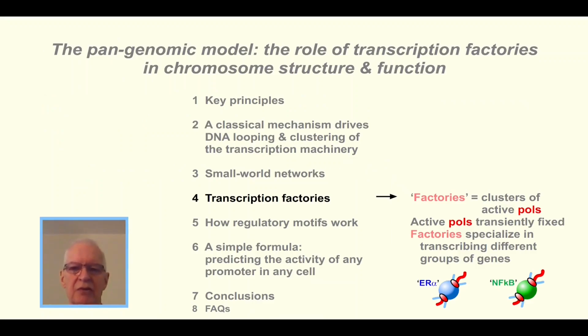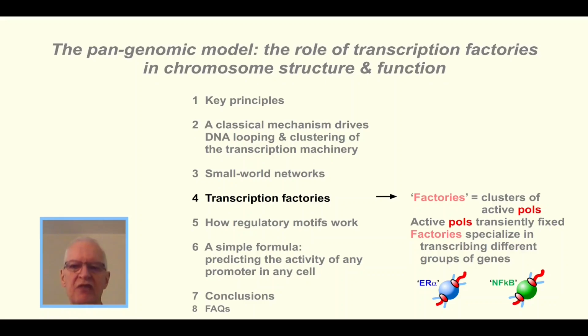So to summarize, I'm calling the clusters of active polymerases that I've described earlier factories. I've argued that active polymerases are transiently fixed, and if you still refuse to accept this, you must find some evidence how one can solve the disentangling problem.